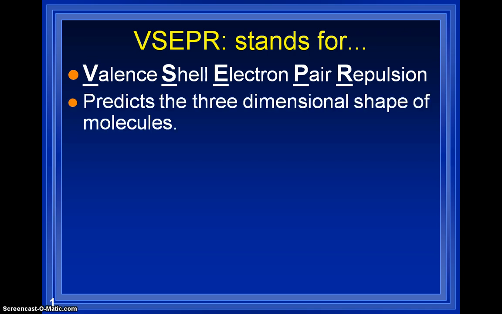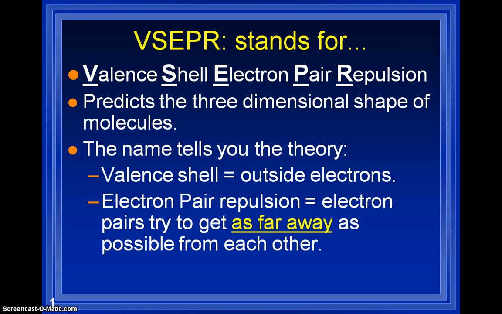Essentially, it predicts the three-dimensional shape that a molecule is going to have when atoms are covalently bonded. The name tells us that the shape is determined by the valence, or outer shell, electrons, and because electrons are all negatively charged, they repel one another.